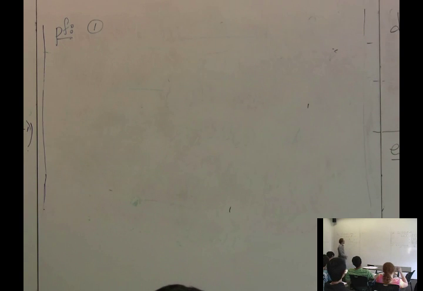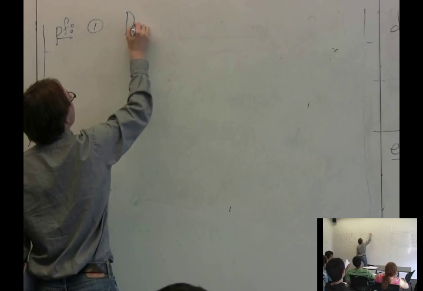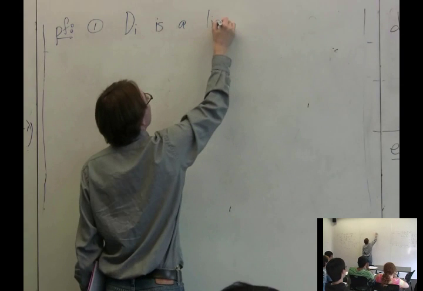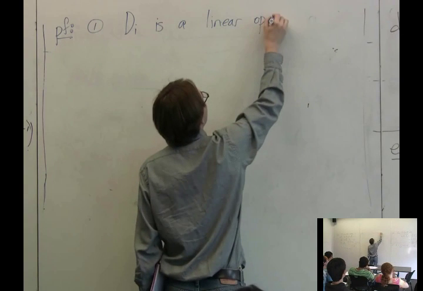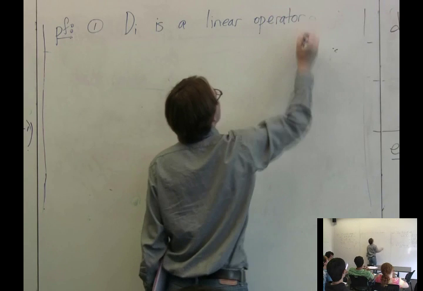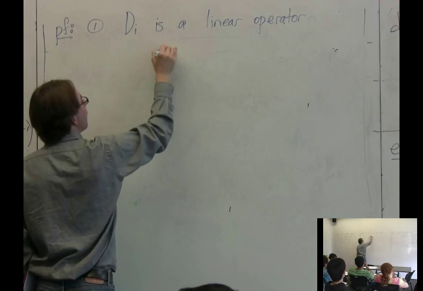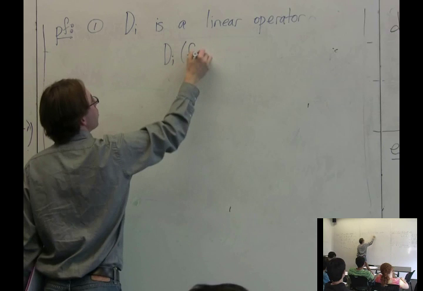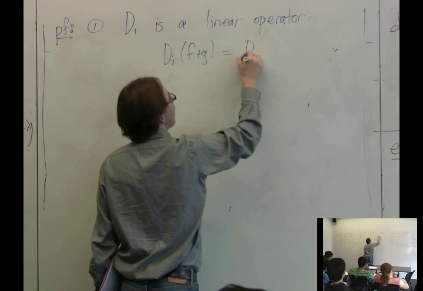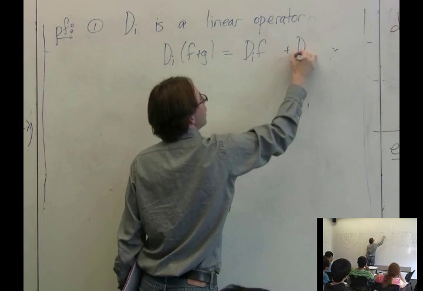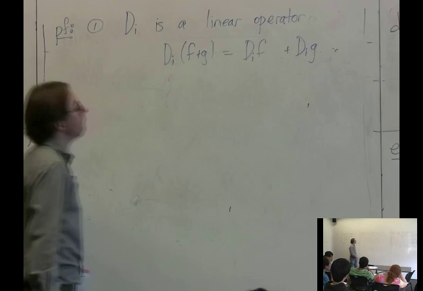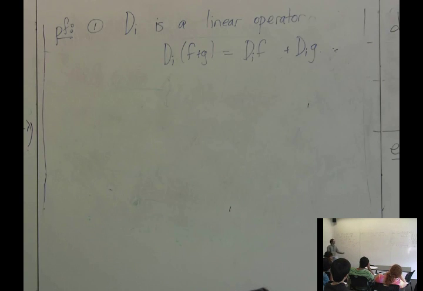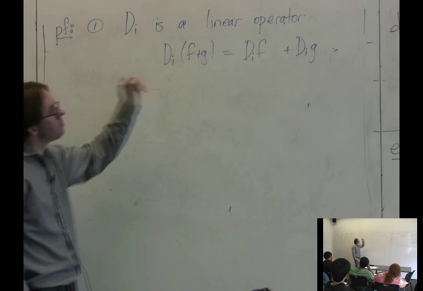The first thing I'm going to observe is that this operator D_i is a linear operator, meaning that D_i(f+g) is D_i f plus D_i g. This means you add up the functions pointwise.